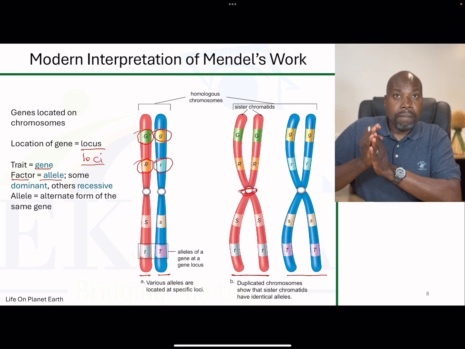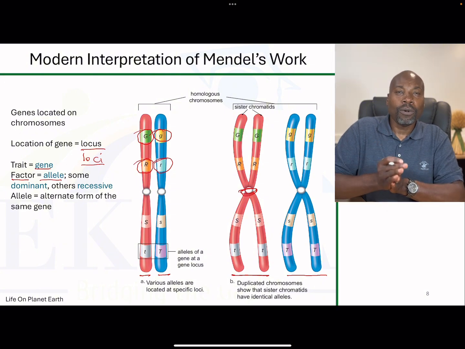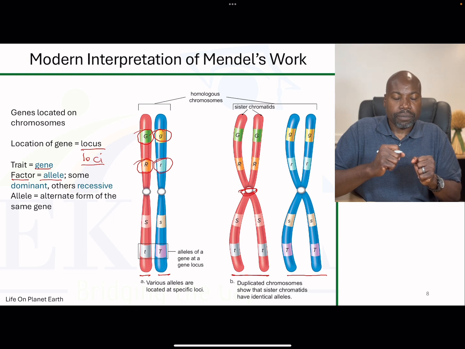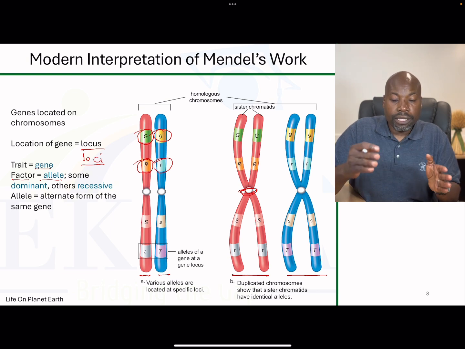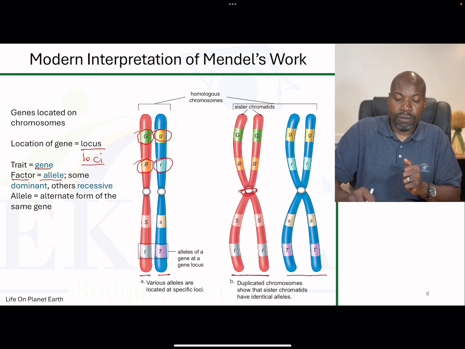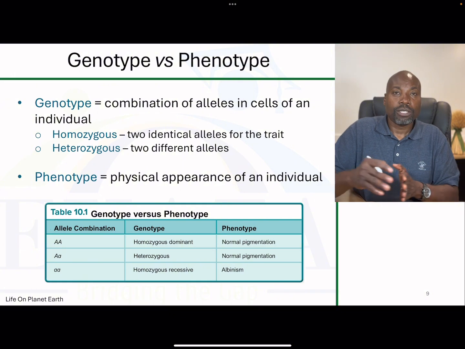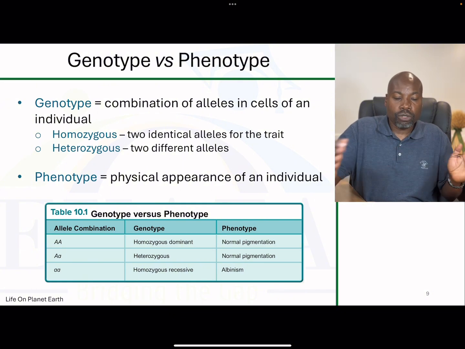So now remember that these chromosomes are going to undergo division, right? The division of the nucleus and distribution of the chromosomes during meiosis, right? Hence, the law of segregation, which is that the homologous chromosomes, the sister chromatids, are going to separate, right?